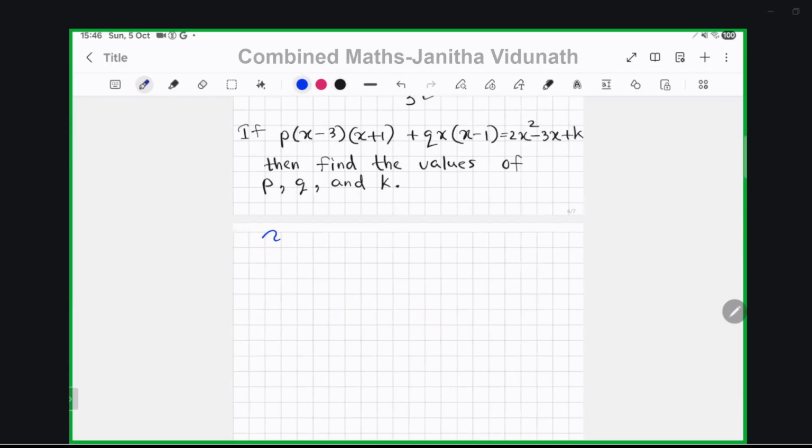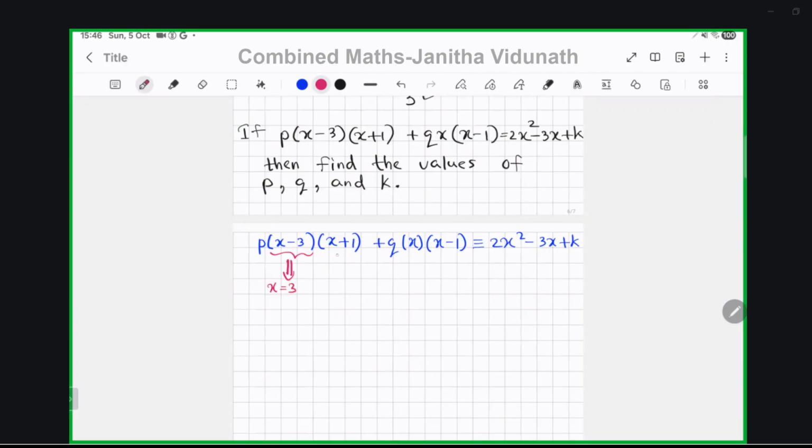Here on our left hand side we have p times x minus 3 times x plus 1, plus q times x times x minus 1, is equal to 2x square minus 3x plus k. Then this bracket is x minus 3. That means this bracket becomes 0 when x equals 3.